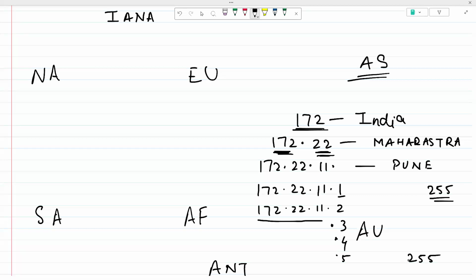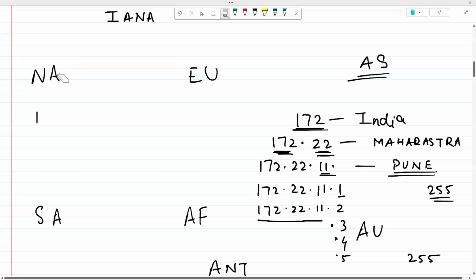Their first 3 octets remain the same. Then think from the city's perspective. For people who are living in Bombay, they may have a different number in the third octet. Let's say it has 12, for example. I'm erasing these things.